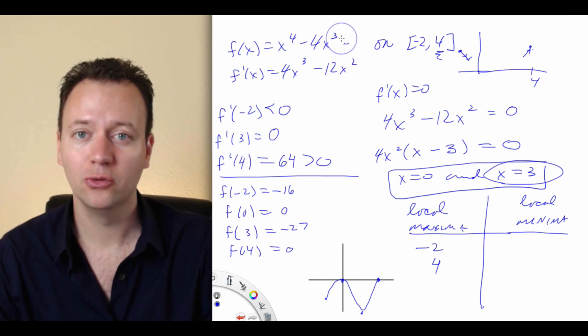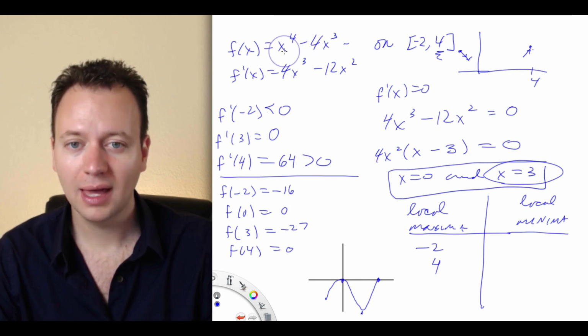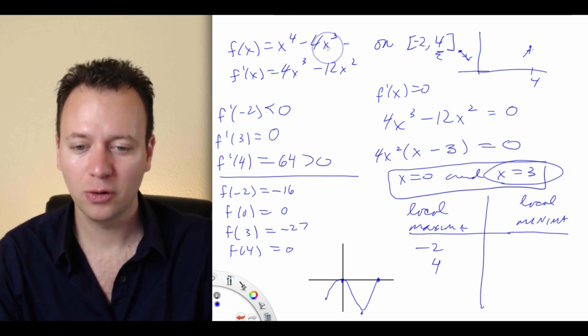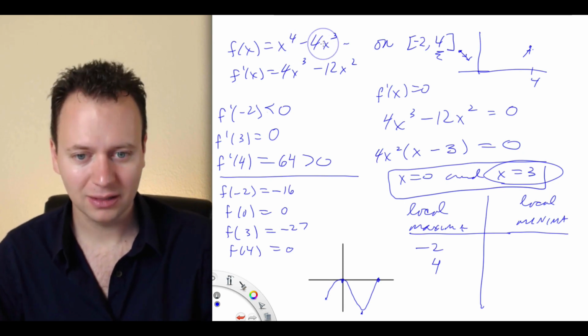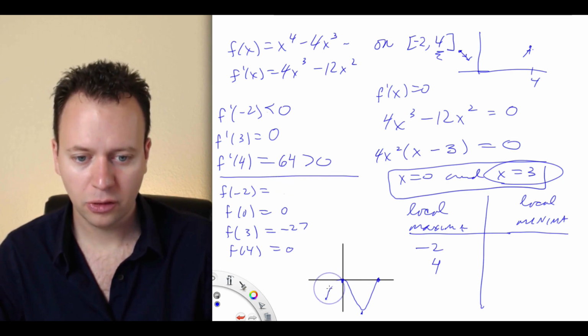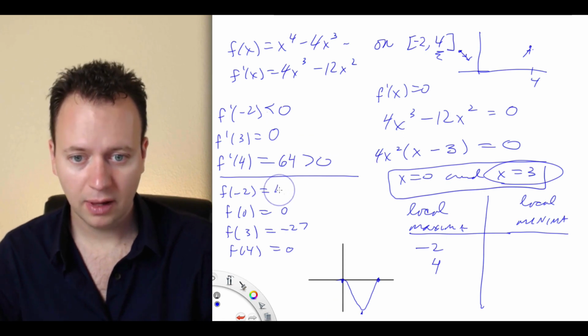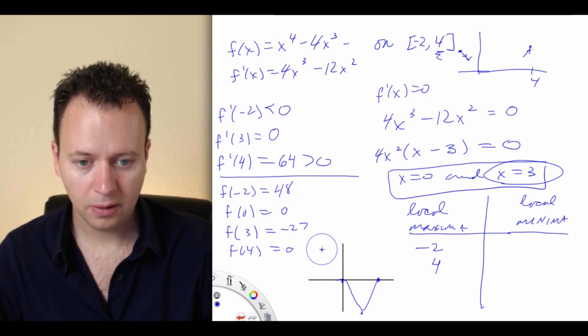Negative 2 cubed is negative 8. The negative and the negative makes it positive 8 times 4 is 32. So we get 2 to the 4th, which is 16 plus 32, not 16 minus 32. So that's 48. So we have 48, so it's way up here.